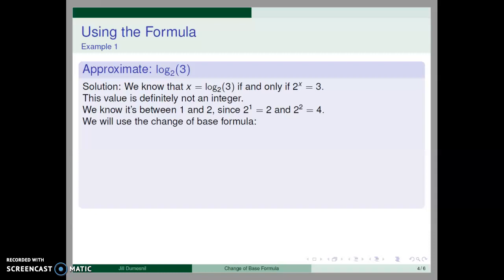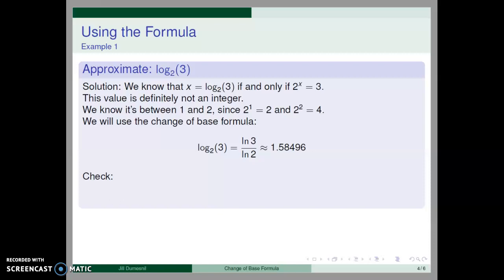We will use the change of base formula and write log base 2 of 3 equal the natural log of 3 over the natural log of 2. Using a calculator, we get an approximate value of 1.58496. Definitely between 1 and 2.